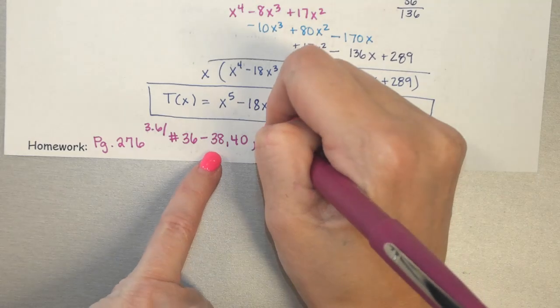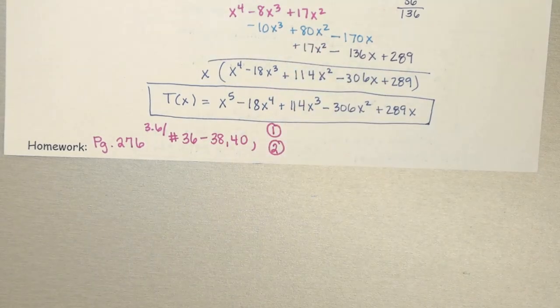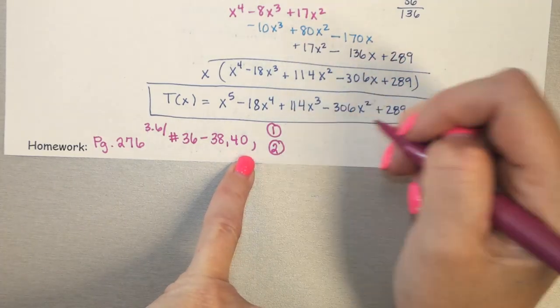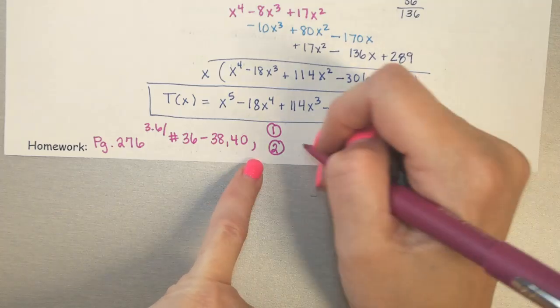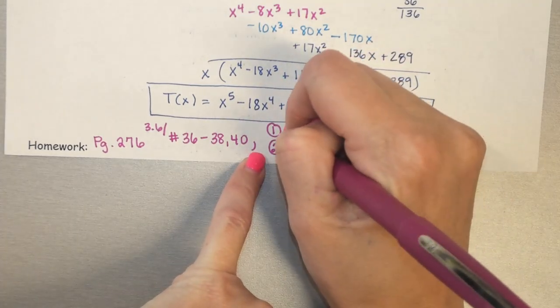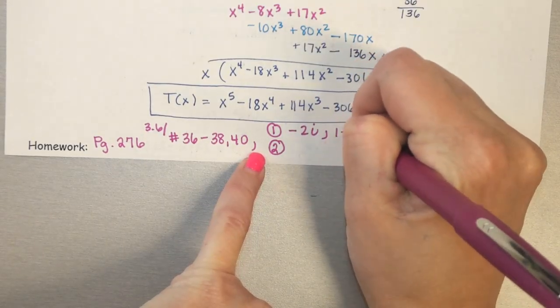So I'm going to give you zeros. Okay, and we've been working so well. So I did have 4, but I cut it back to 2, okay? Because it was going to be 8 problems. Okay, so the zeros are negative 2i and 1 plus root 2.